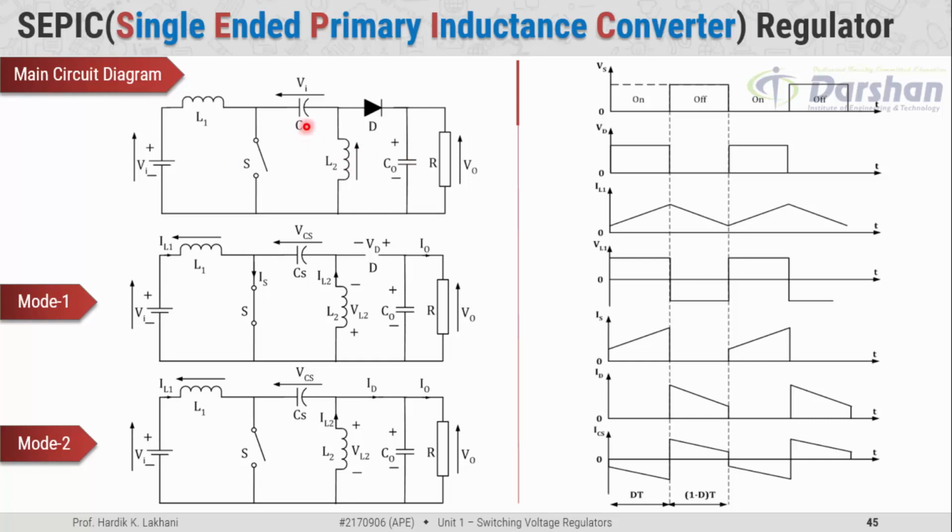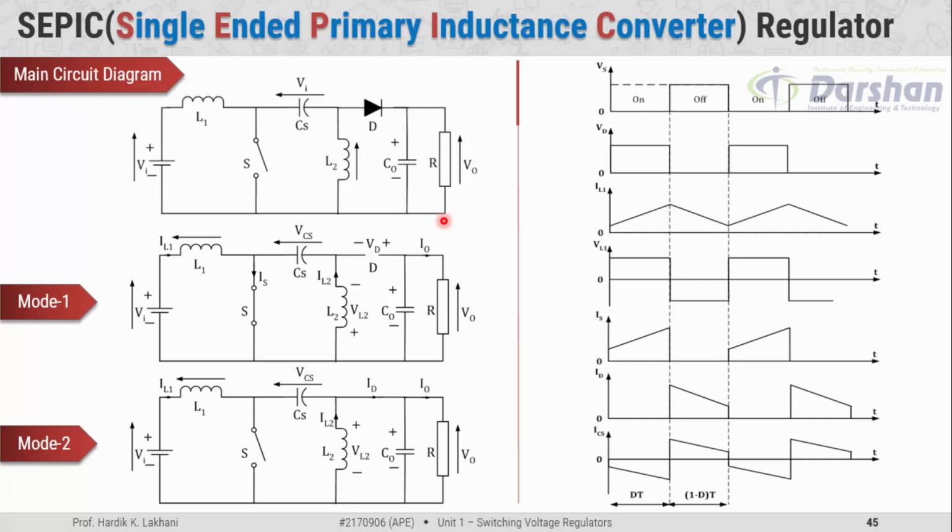The task of this coupling capacitor is to transfer the energy from the front end portion to the back end portion. And the duty ratio of the switch decides the magnitude of the output voltage, which means the voltage appearing across the output terminal.